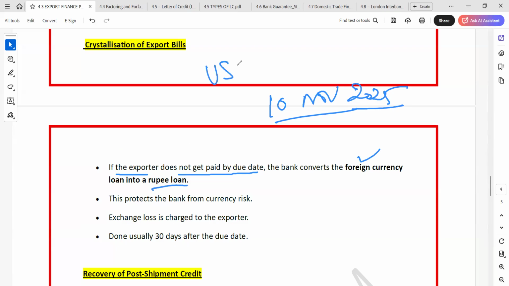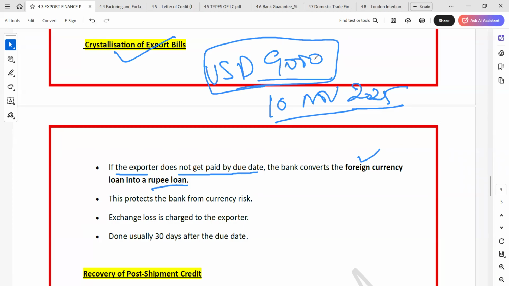Suppose the bank has discounted USD 9,000 but payment has not come, so crystallization will happen and this 9,000 will be converted into rupee credit in INR.